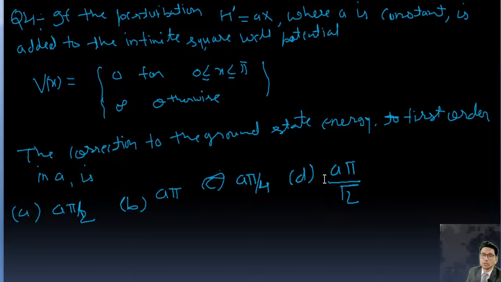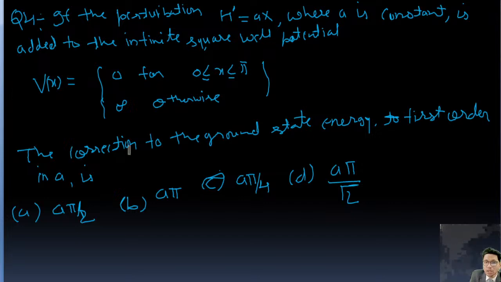Okay. So the question is, if the perturbation is given, h dash equal to ax, okay, where a is the constant, and that perturbation is added to infinite square well potential, whose Vx equal to 0 if x is between 0 to pi, then its value of potential is 0, else infinite.